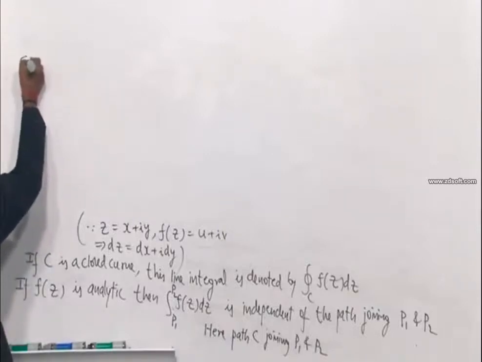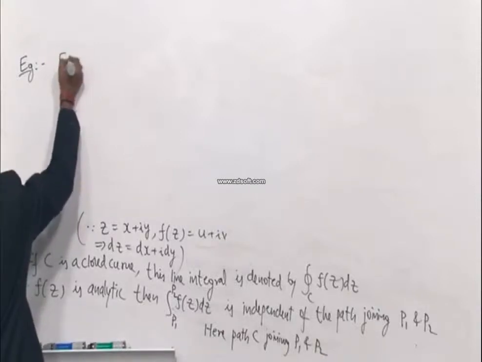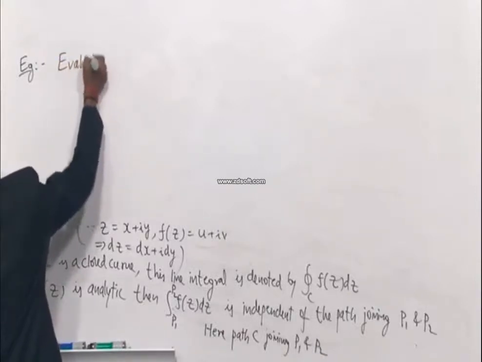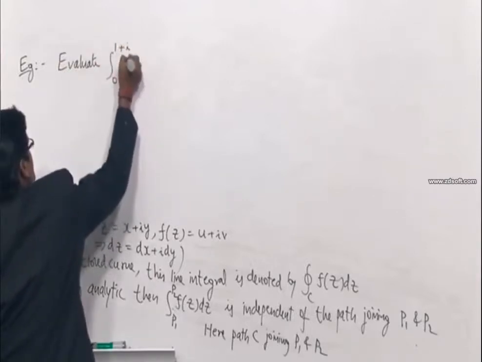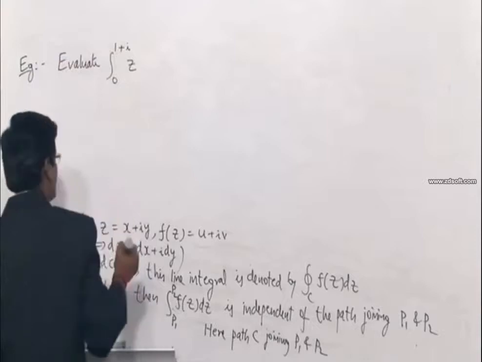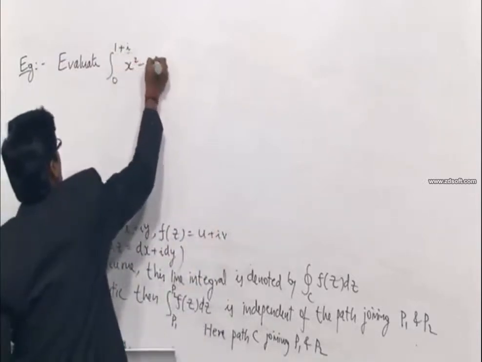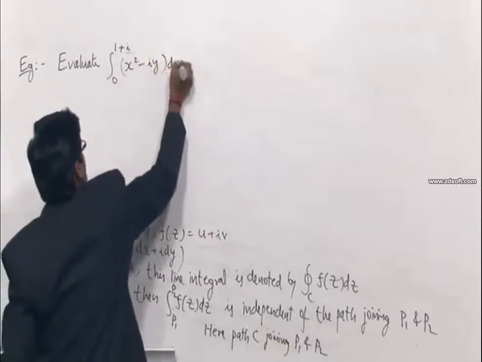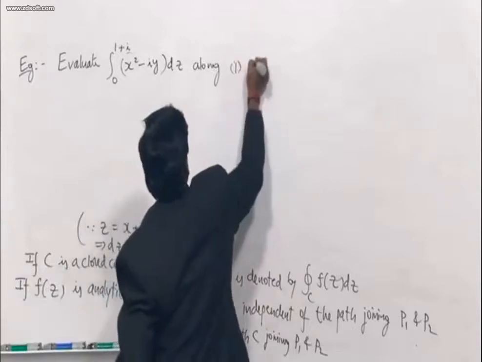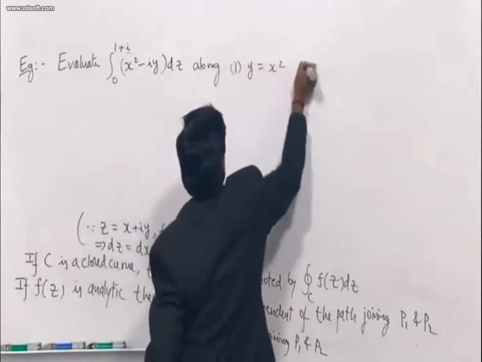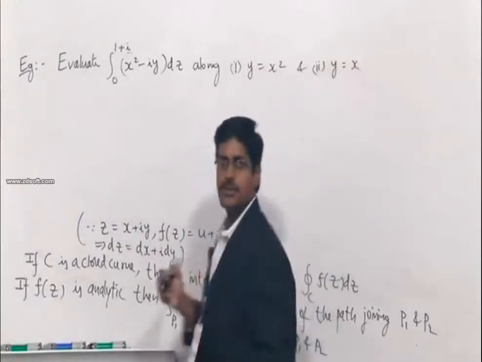Example. Evaluate integral 0 to 1 plus i of x square minus iy dz along first path y is equal to x square and second path y is equal to x.